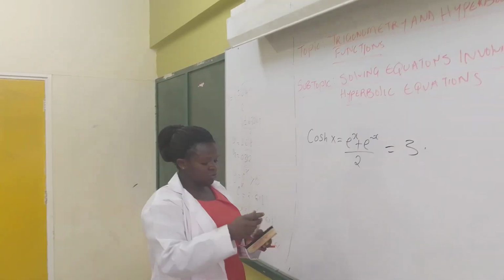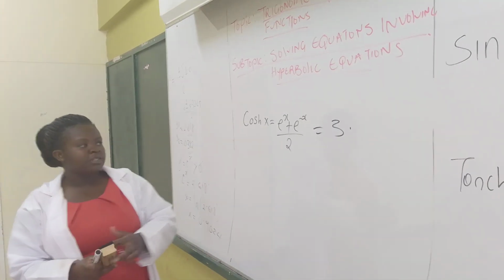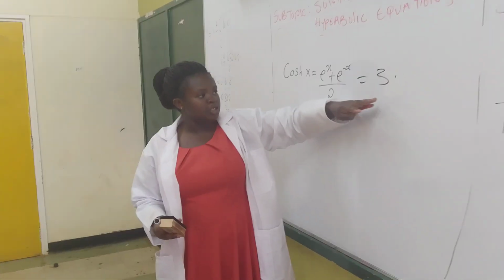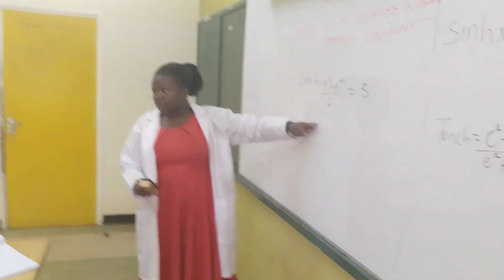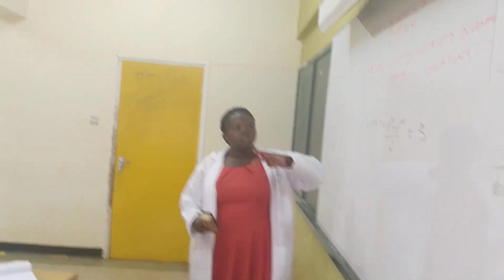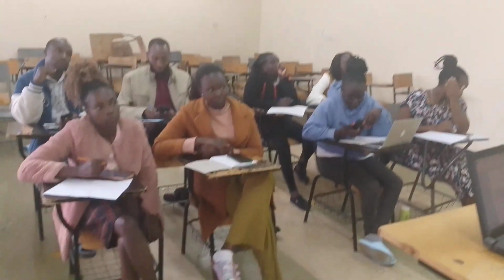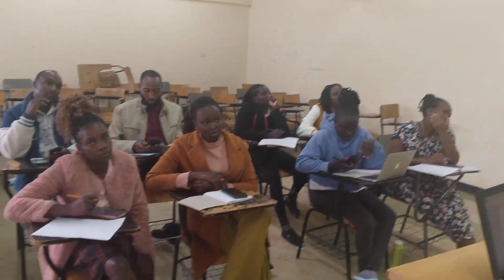So what you need to do is multiply through by 2. When you multiply through by 2, you will get an equation, and then from there, you introduce an exponential function and multiply through by that exponential function. Then you form something like a quadratic equation.